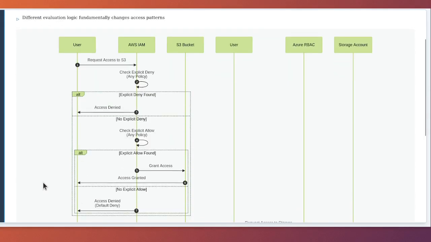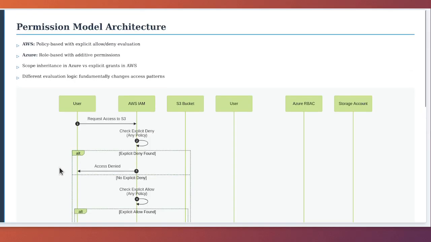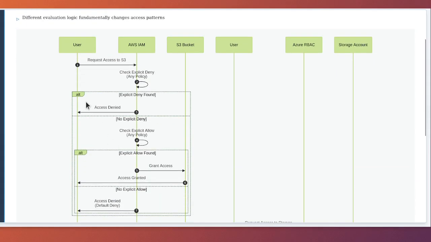The way permissions are evaluated and applied differs significantly between AWS and Azure, and understanding this difference is crucial for effective access management. AWS uses a policy-based model where you attach JSON policy documents to identities or resources. These policies explicitly list allowed or denied actions using the action element.